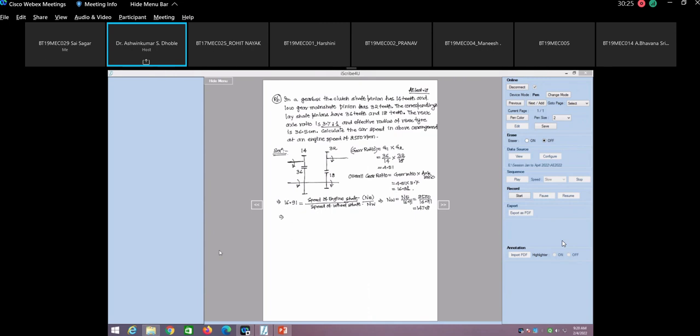ओके, सो नाउ अभी इसके हिसाब से सर स्पीड निकालो, स्पीड ऑफ द व्हीकल. Speed of vehicle is equal to 2 pi N into r divided by 60.